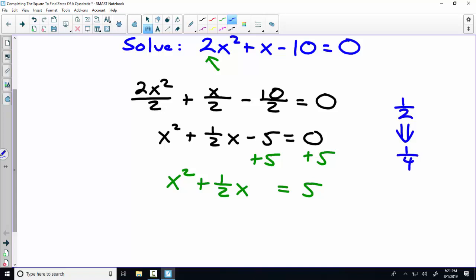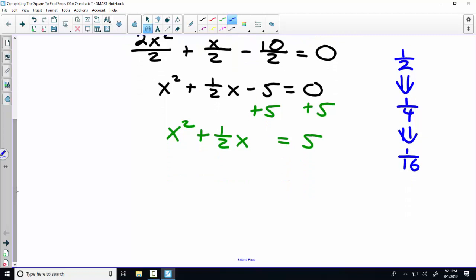You just double the denominator. Then you square that. You actually get 1/16. I know that seems frustrating and annoying, but that's what we're going to add to both sides of the equation to complete the square. So we get x squared plus 1/2 x plus 1/16, yikes, equals 5 plus 1/16.